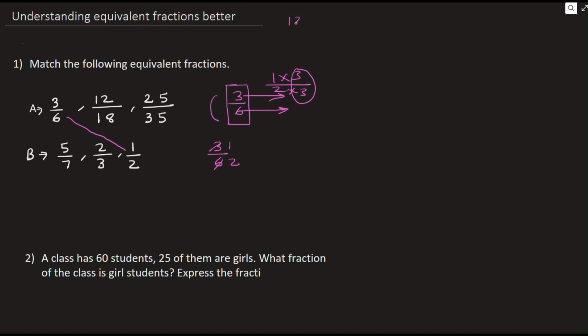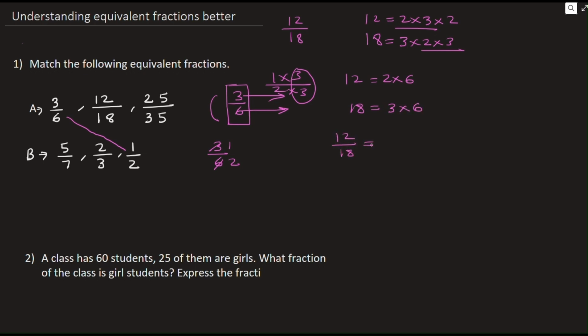Then I have 12 over 18. So 12 equals 2 times 2 times 3, and 18 equals 3 times 2 times 3, right? So what is the HCF? HCF is this number 6. So I can write 12 as 2 times 6 and 18 as 3 times 6.